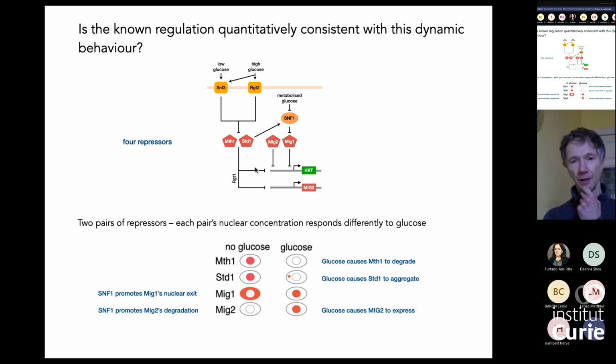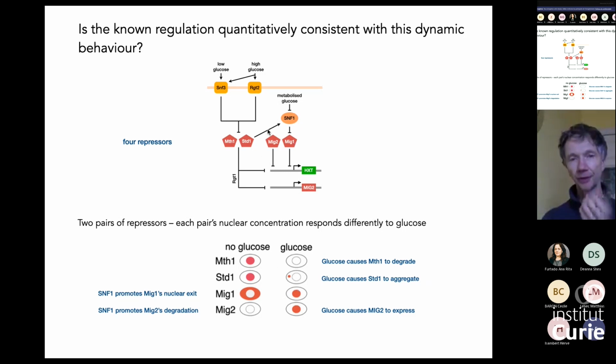These 2 work the opposite way. In the absence of glucose, SNF1 is active and represses MIG1, and MIG1 is forced out of the nucleus through phosphorylation. It sits here, and there's no MIG2 expressed because it's repressed by these 2 transcription factors. When I add glucose, the opposite happens. Now SNF1 is inhibited, so MIG1 is no longer inhibited, and it moves into the nucleus.